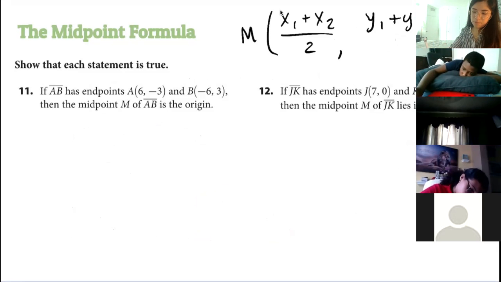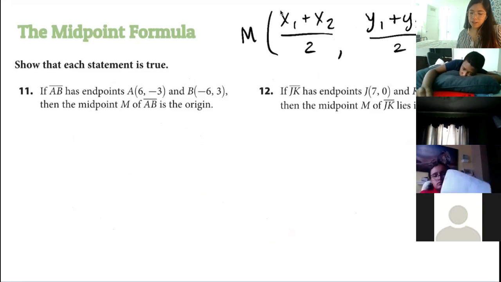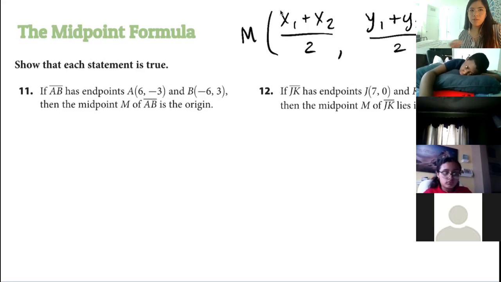So let's begin with number 11. What I want you to do is write down the words for this one. Usually I say don't write down all those words, but for this problem, I do want you to write it down so that when you go back to your notes, you know what you were doing. So take a minute and write down problem number 11.